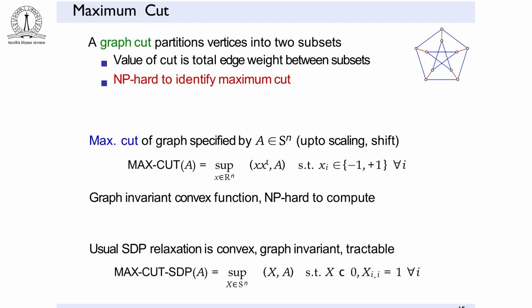Nonetheless, the max cut value of a graph that is specified by an adjacency matrix A, up to scaling and shift, is given by this expression. And this is a graph invariant convex function. So somebody else, you were talking about gradient descent, right? Well, this is a convex function. Easy to check that it's a convex function.